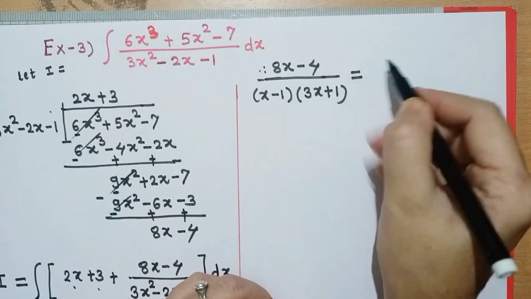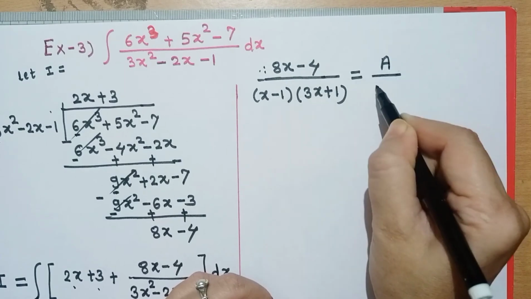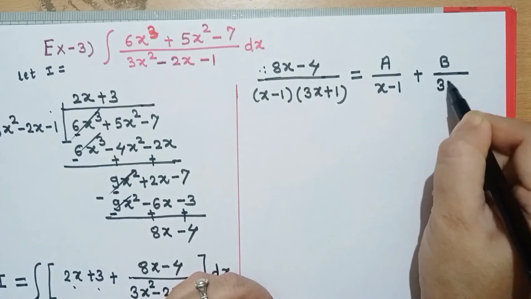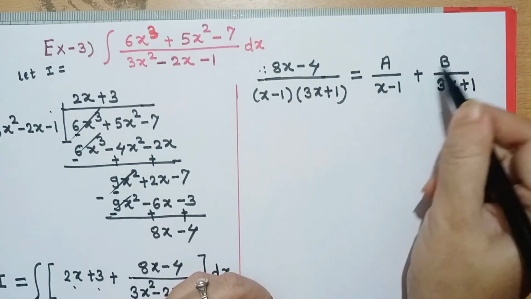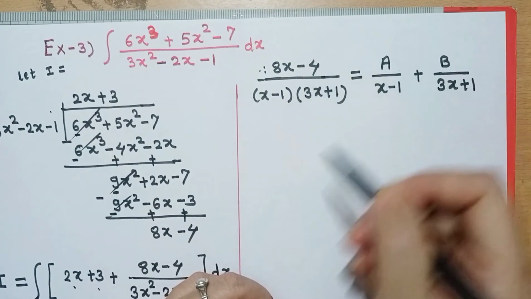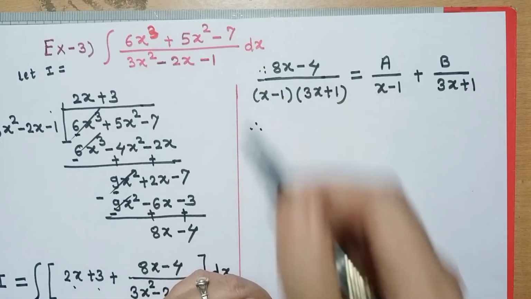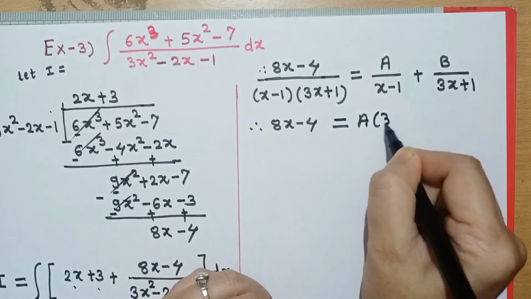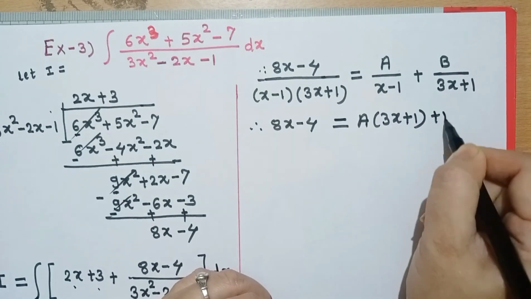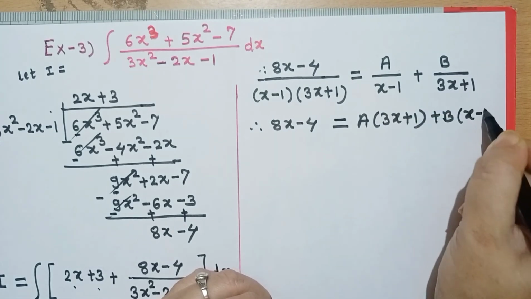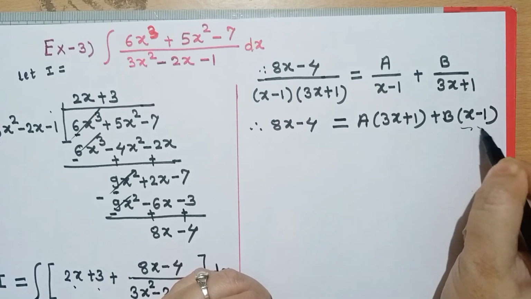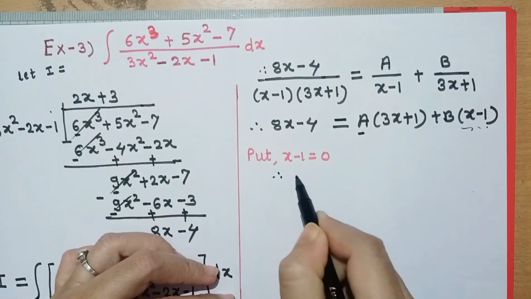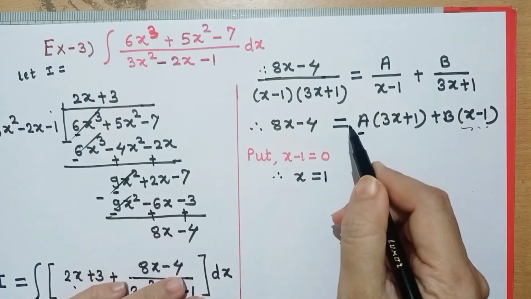So again we will write this as a upon first linear factor x minus 1, and b upon this second linear factor 3x plus 1, and after cross multiplying and deleting this denominator, we have this numerator is equal to a into this 3x plus 1 and plus b into this factor x minus 1, and if I put this bracket equal to 0, we will get the value of a, and therefore x is equal to 1.